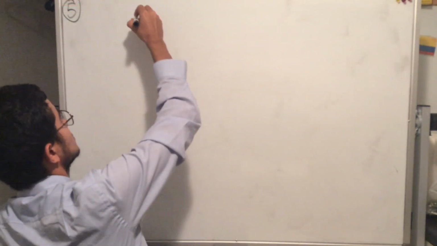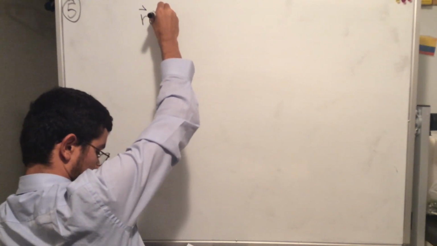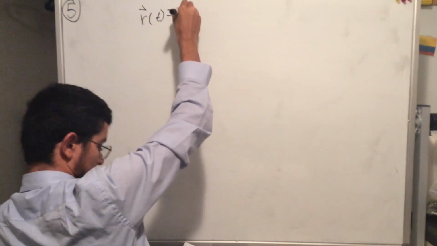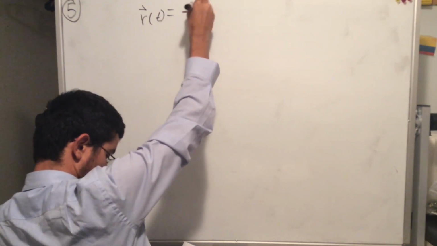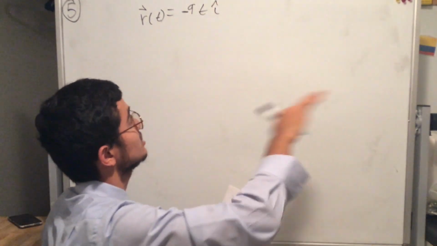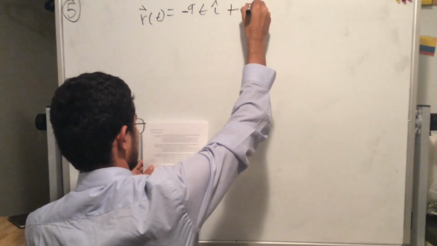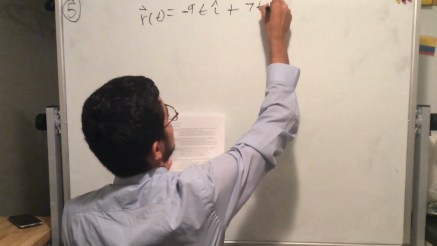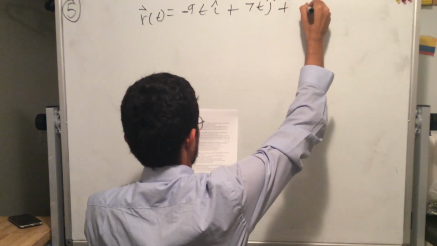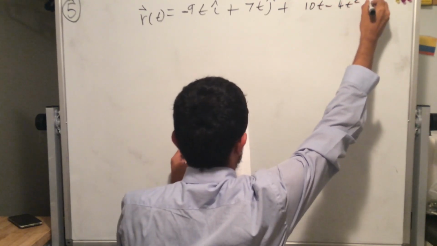So we have the position of the bee as a vector. R vector of t is going to be equal to negative 9t i hat. Let's just eliminate the units already, we don't need the units. Plus 7t j hat, and then plus 10t minus 4t squared k hat.